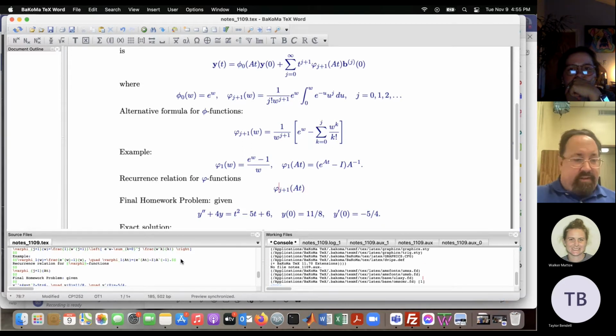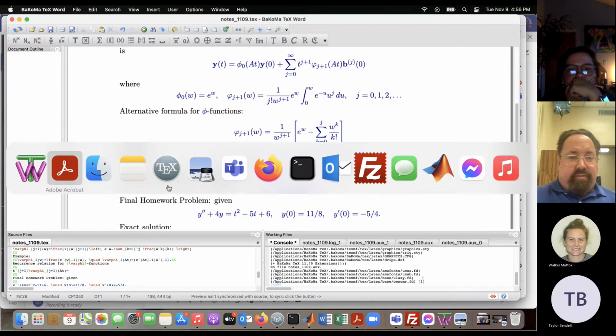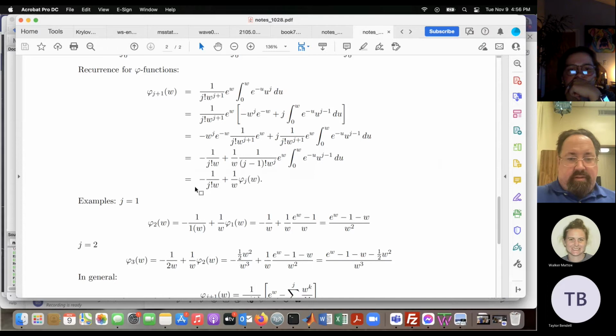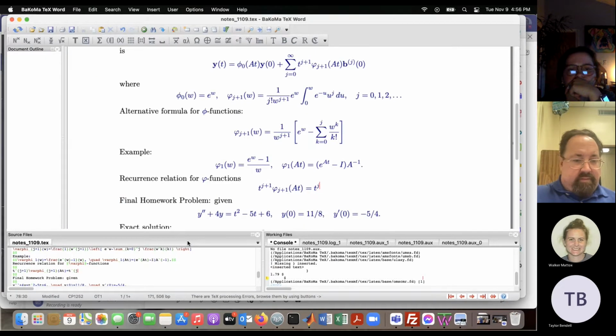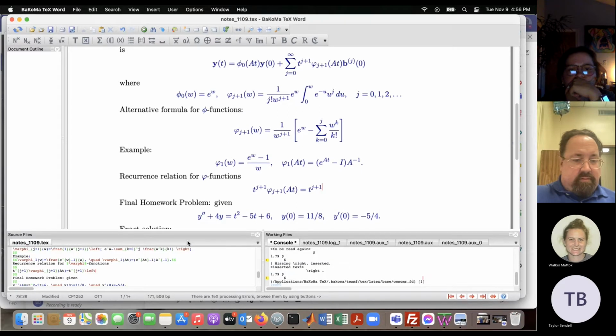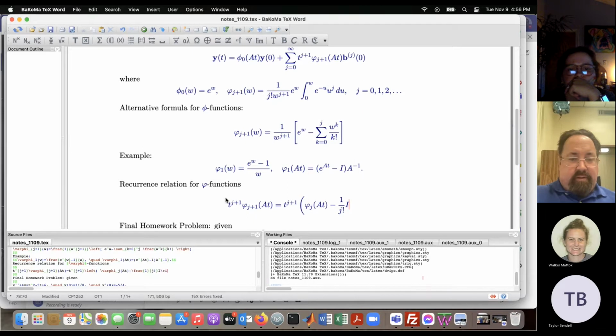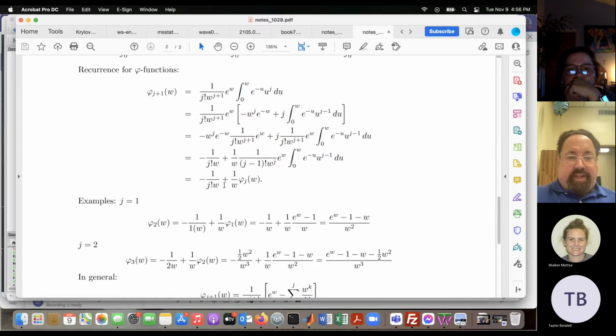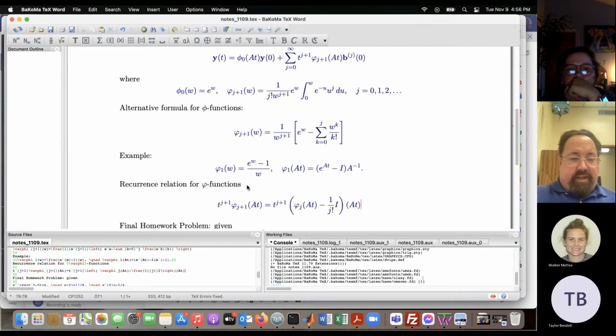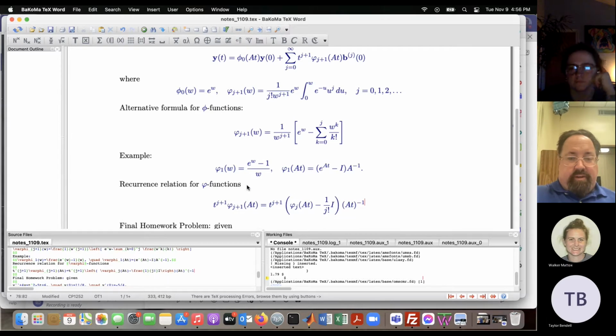So keeping in mind what you'd have here, t to the j plus 1, it's equal to e^(At), phi j of At minus 1 over j factorial times identity, times, here we have dividing by At, but that's the same as multiplying by A inverse.